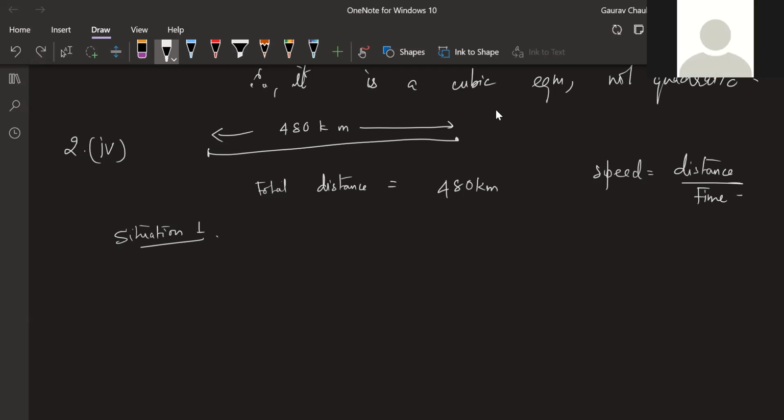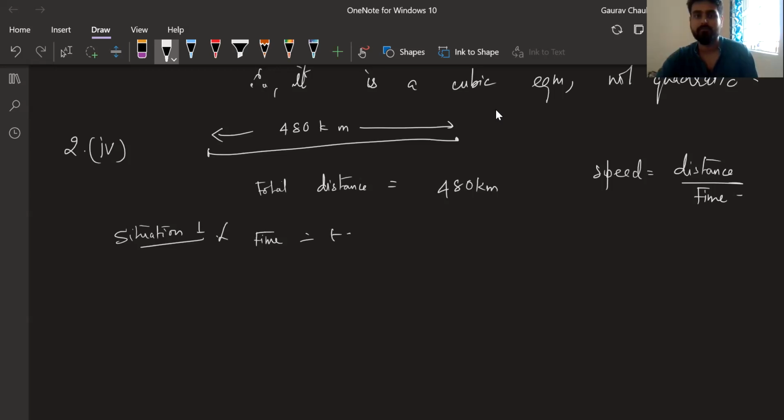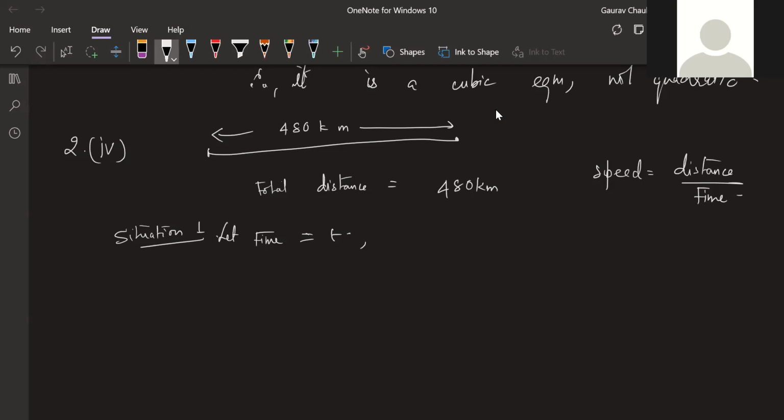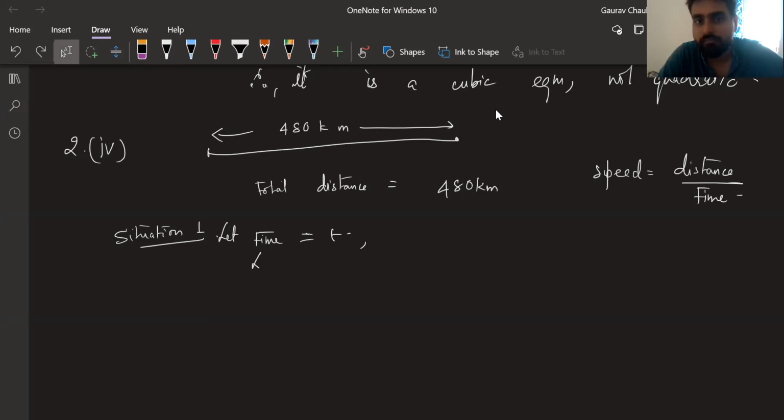Time I did not know, so I took it as T. Then I put all that in the formula. For speed, I took, let the speed of the train be x kilometers per hour. Time is T hours, right? Yes, sir. Let time be equal to T hours.